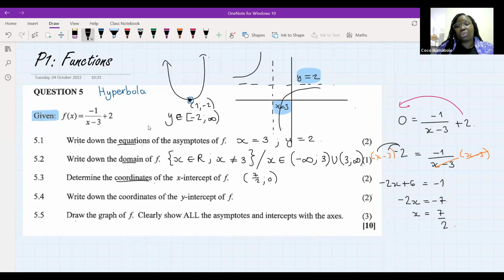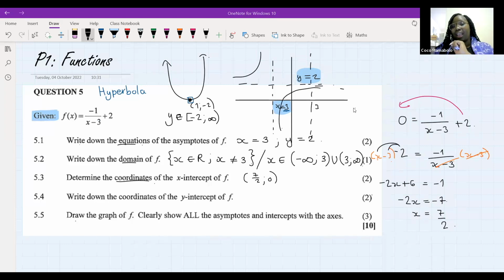Now, the issue with our hyperbola is that it's not allowed to touch the point 3. It's not allowed to touch, and I've completely drawn this on the wrong side. This should be over here, and not on this side. So the graph is not allowed to touch the point 3. It can get as close as possible to 3, but it won't touch it. And that's when we use round brackets.